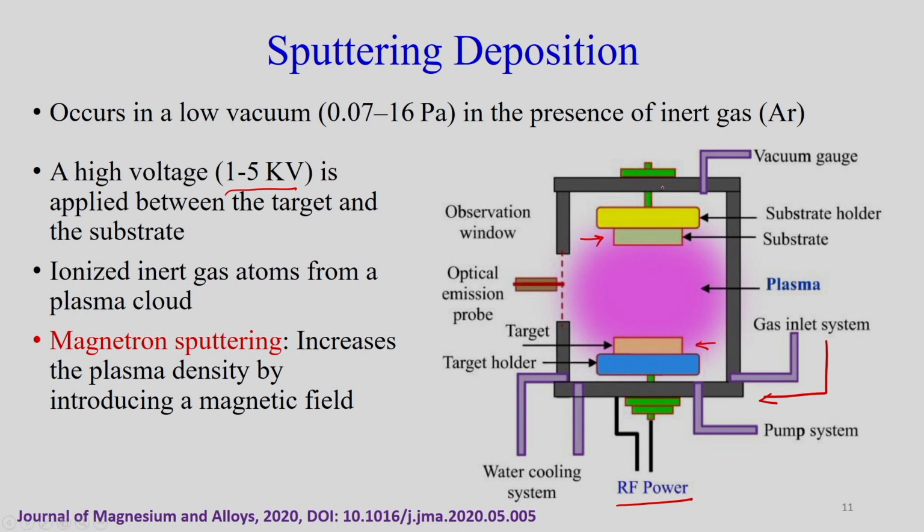Once we apply very high RF power, these gas molecules get ionized, and this ionized inert gas forms a plasma cloud. In the plasma cloud, the target is evaporated and gets deposited on your substrate. This is operated in vacuum, so the pressure lies in the range of 0.07 to 16 Pascal.